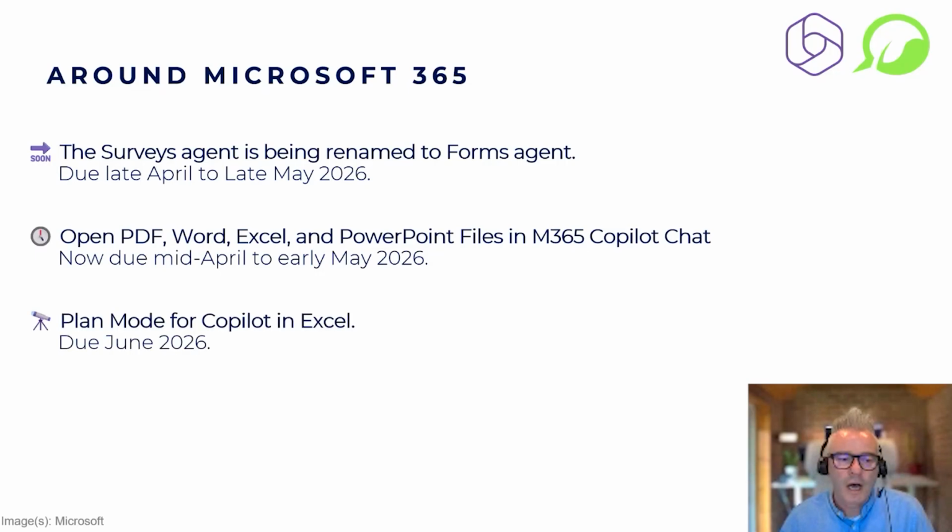Another one that's a bit further out, I hope to tell you about this next month, is plan mode for Copilot in Excel. So what this means is you can tell Copilot what you want to do in plan mode, and it will talk to you. It says, okay Mark, I'm going to do this and this to your worksheet. And you might say, no Copilot, what I meant was this.